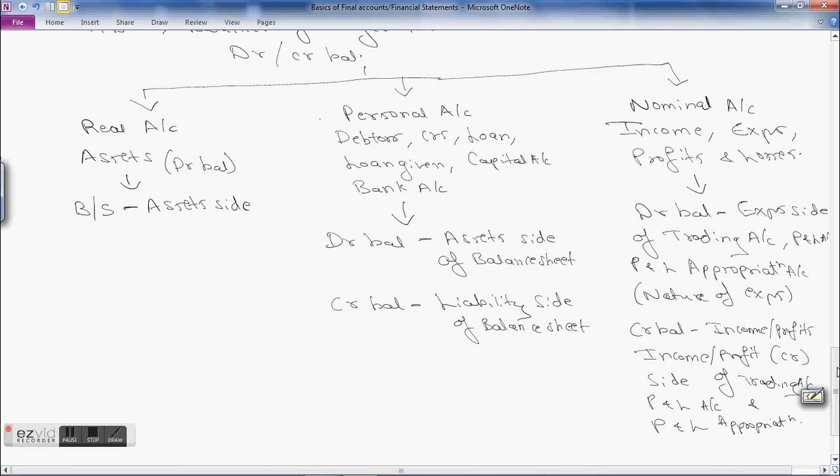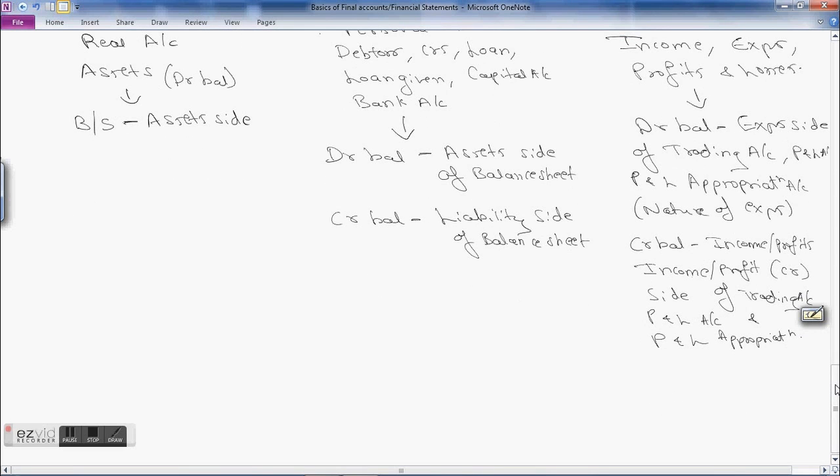Now the next thing is your adjustments. Adjustments, as I told you, are pending entries. So for all adjustments you need to see what the entry is, what the journal entry will be, and accordingly how we will post this journal entry in the ledger account.